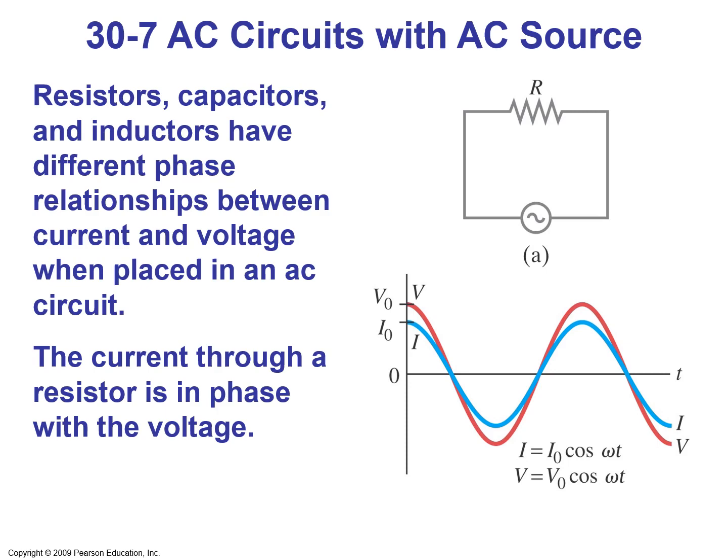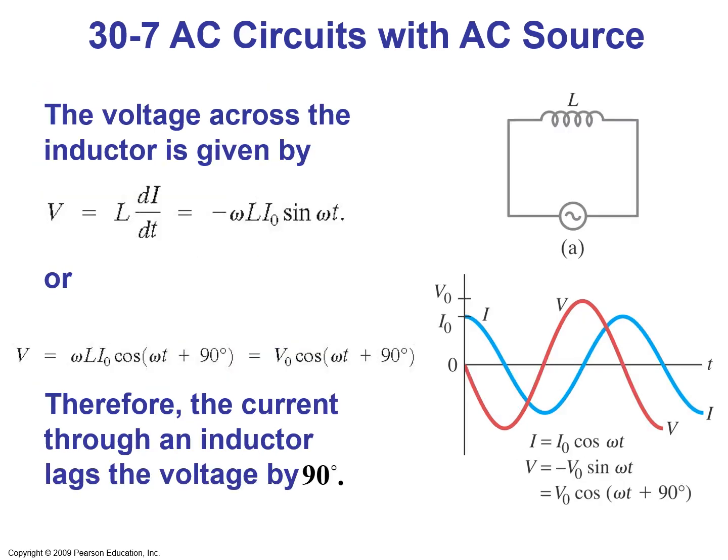But if we connect this AC source to an inductor, the voltage across the inductor is given by V equals L times the derivative of current with respect to time, and that is equal to minus omega L I naught times sine of omega t.